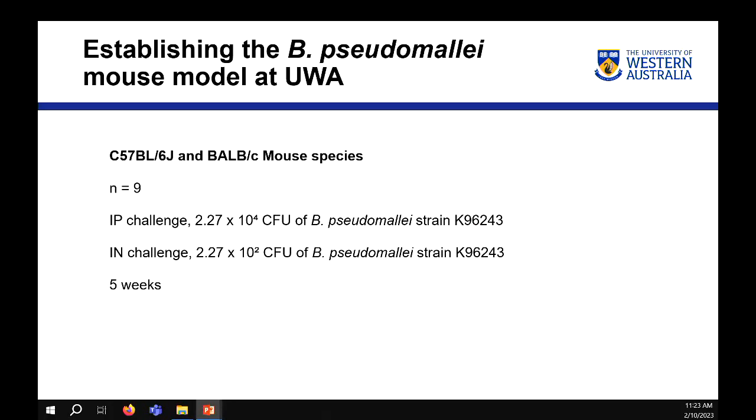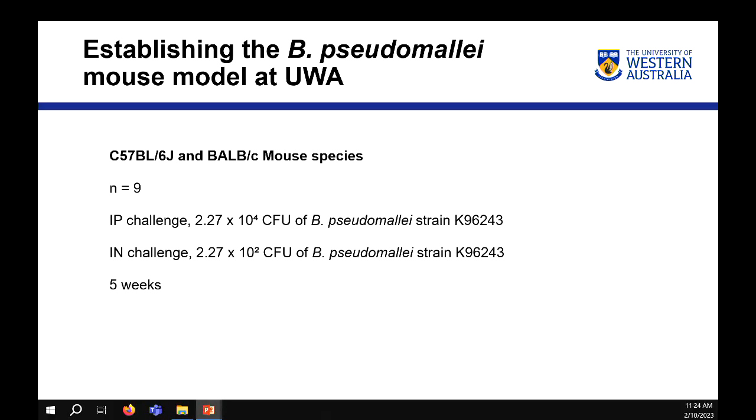So, establishing the model at UWA. When I came here and thought about developing the mouse model, it was mainly to screen these new inhibitors that we've got. But the first thing I needed to do was show that we could replicate the models. So we used C57 black 6s and Balb C mice, nine of each, and we challenged them IP, that's intraperitoneal into the stomach, and intranasally.